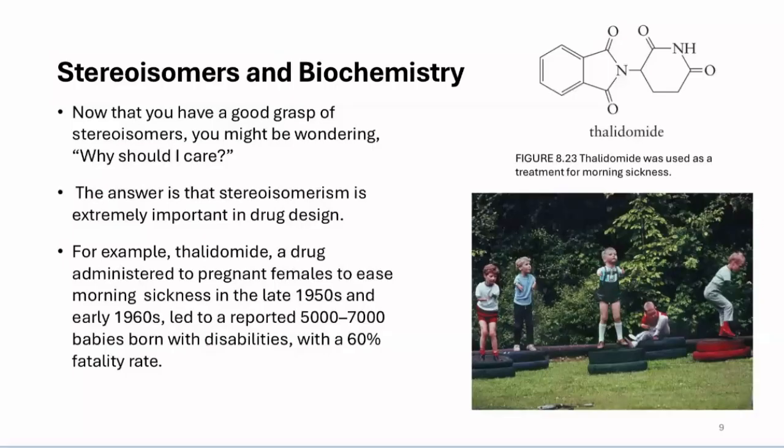Thalidomide is the compound that you see illustrated in the top right side of the slide. Thalidomide only has one chiral carbon, and that single chiral carbon is right here. Thalidomide was a drug that was invented at first in the late 1950s to help with morning sickness.